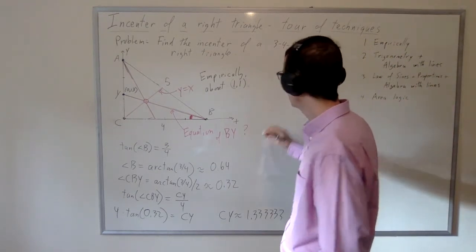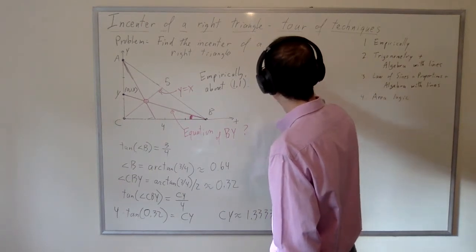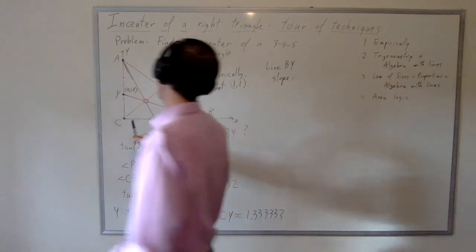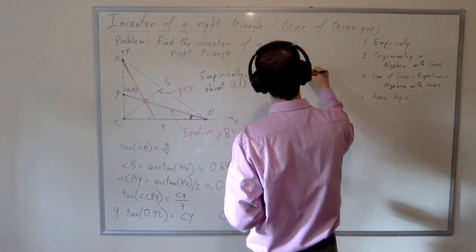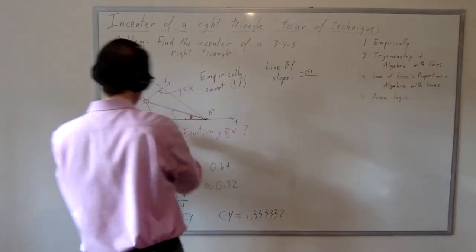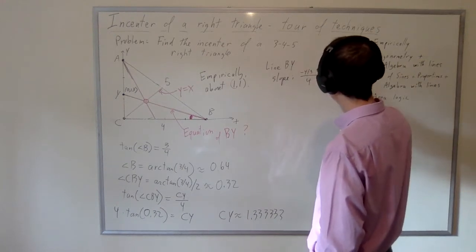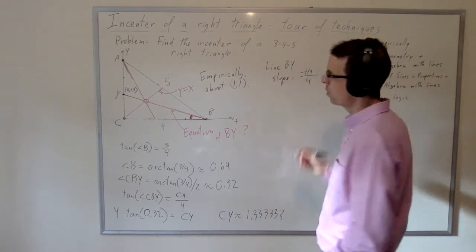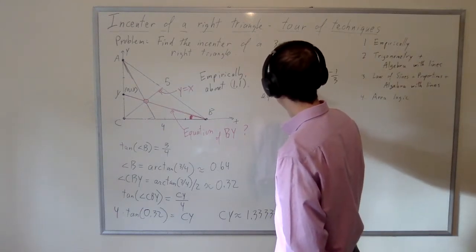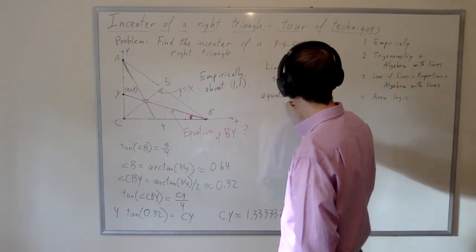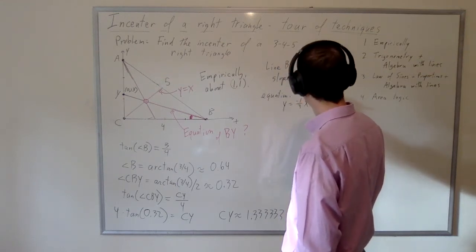So line BY has slope: the rise here is -4/3, and the run is 4, so that's over 4. And so the 4s will cancel, of course, and that's -1/3. And so the equation of line BY is going to be y equals -1/3 x plus 4/3.